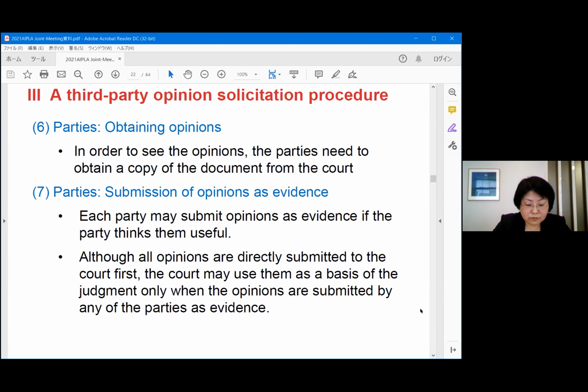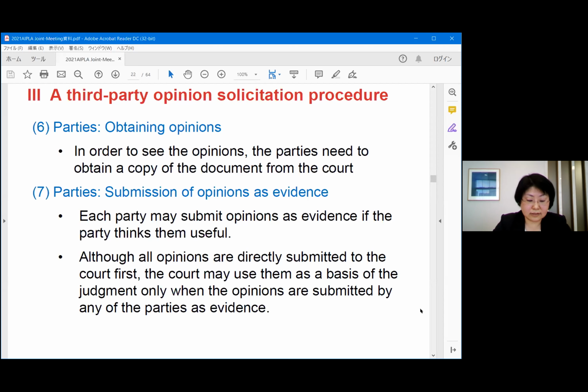Step 7, submission of opinion by the party as evidence. Each party may submit opinion as evidence if the party thinks them useful. And although all opinions are directly submitted to the court first, the court may use them as a basis of the judgment only when the opinions are submitted by any of the parties as evidence.